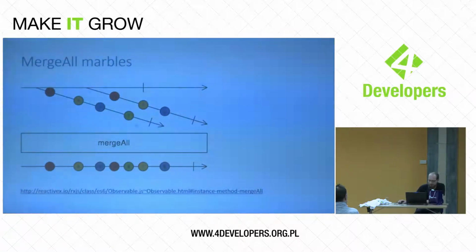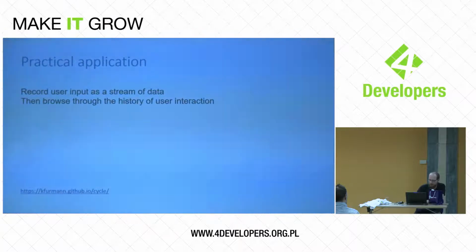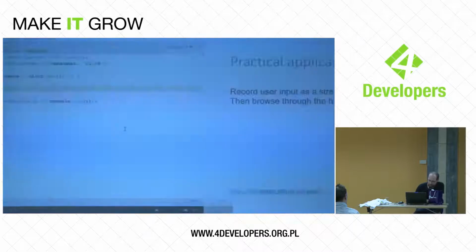So C and D are going into the final sequence. However, it's mixed in time with the elements from the second inner sequence, right? Okay. So yeah, let's check out why the hell do we even want RxJS.